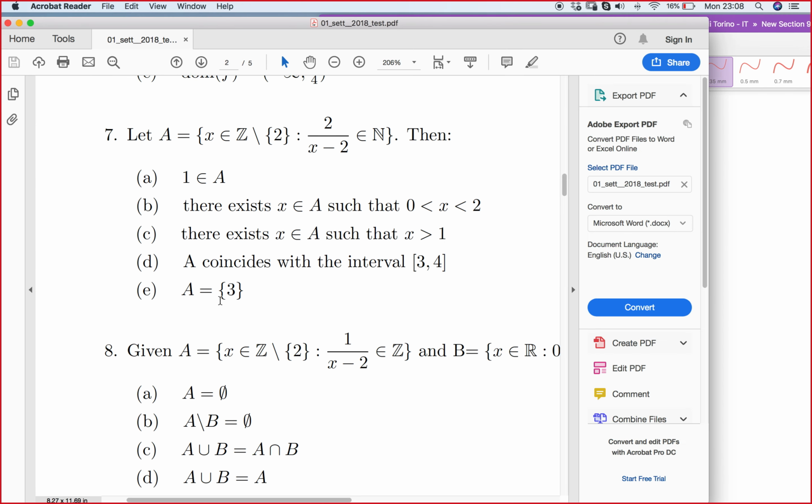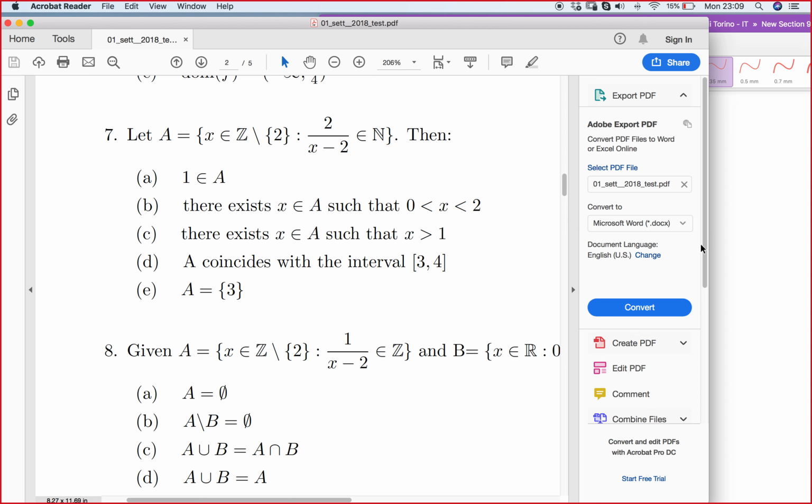Going back, 1 belongs to A. False. There exists some x in A such that x is between 0 and 2. Is that true? There does not exist any number in A between 0 and 2. Yes or not? There exists some x in A such that x is greater than 1. Yes.